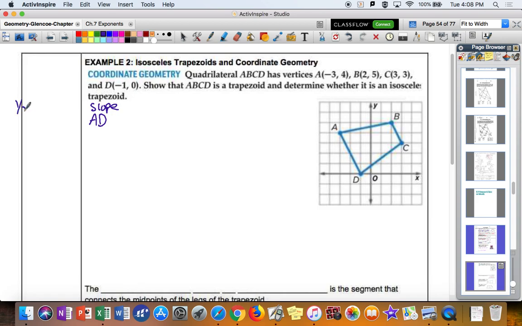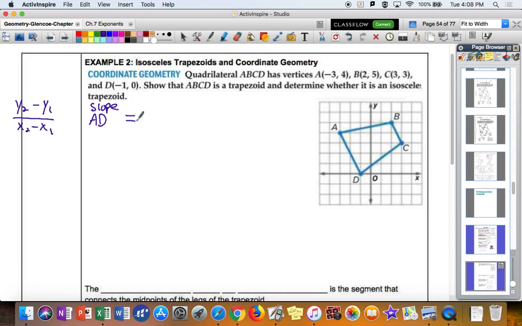Recall that the slope formula is rise over run, but in coordinate form. So the difference between the y values, y2 minus y1, and the difference between the x values in the denominator, x2 minus x1. That's the slope. Remember, it doesn't really matter which one you call the second one or the first one.